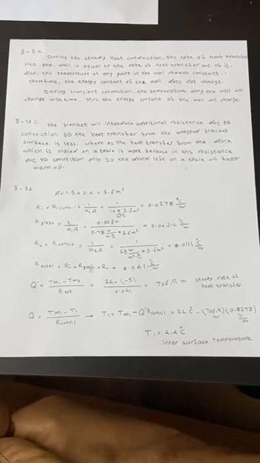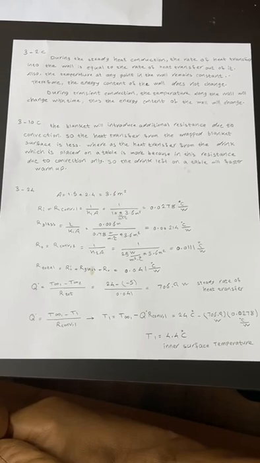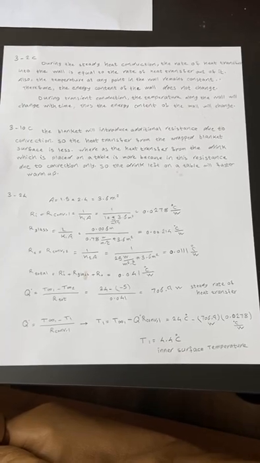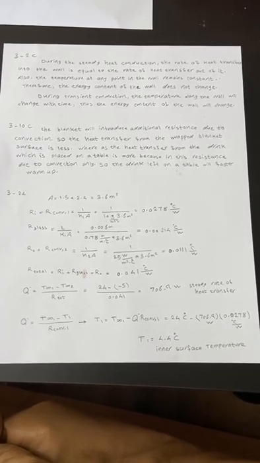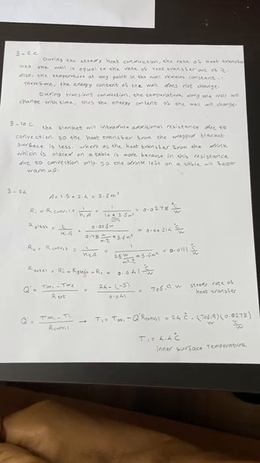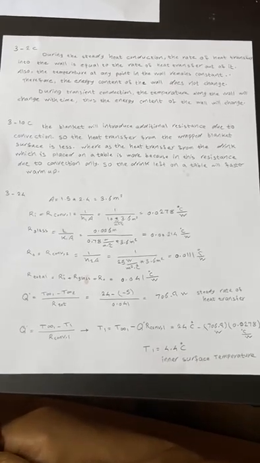Q dot is T infinity 1 minus T infinity 2 divided by the total resistance, and we get the steady rate of heat transfer. And it wants us to find the inner surface temperature, so we put it in the formula with only the first wall, R convection 1, and find the inner surface temperature.